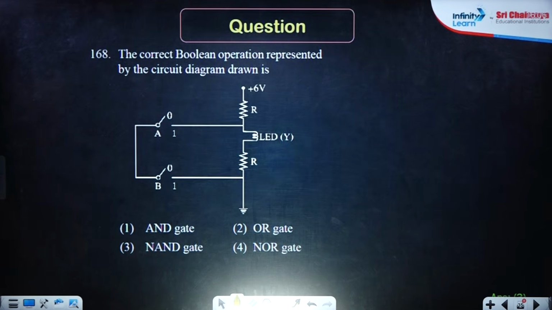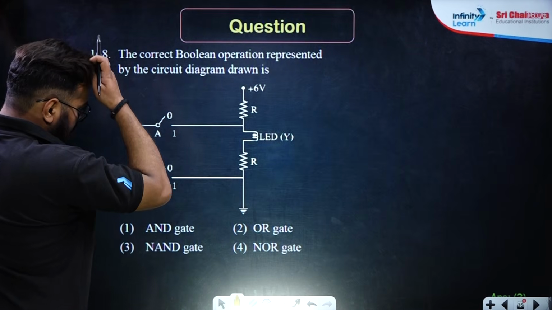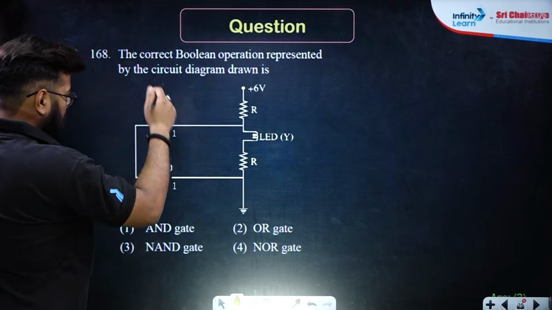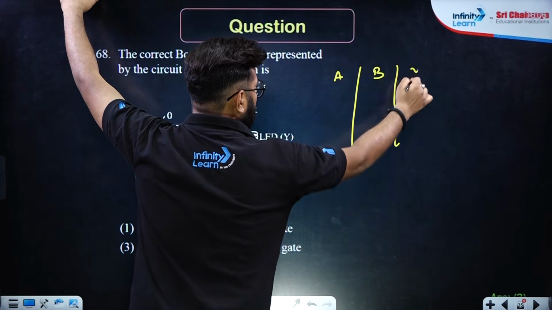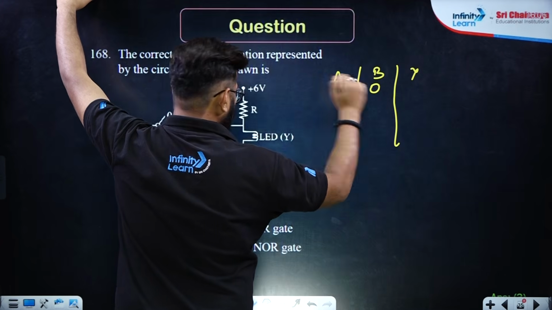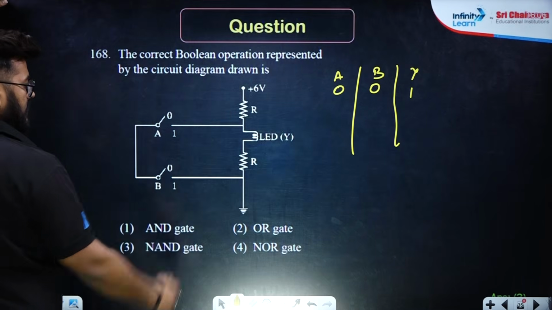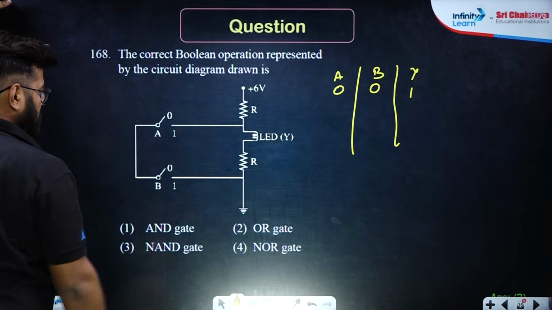Perfect. The correct Boolean algebra represented by the circuit diagram drawn is? When both are open, the LED glows, because the current will flow through this.